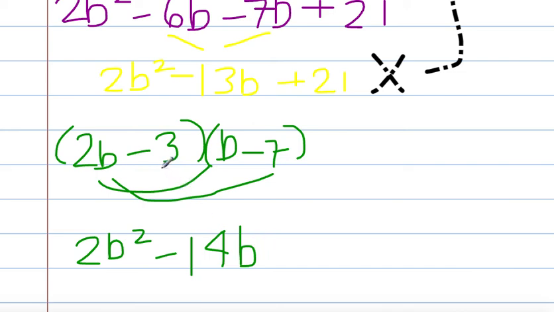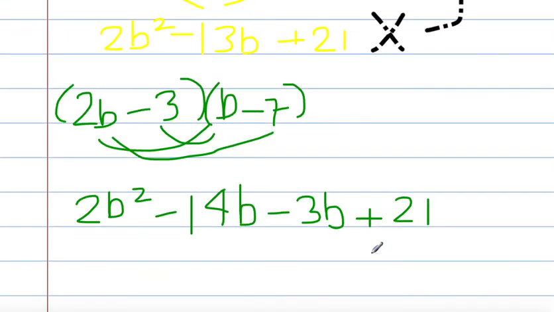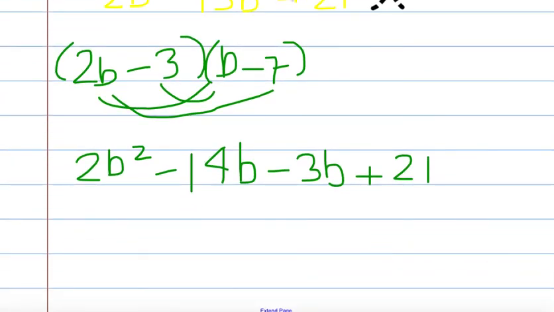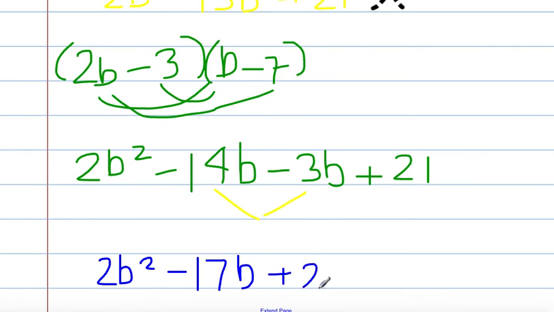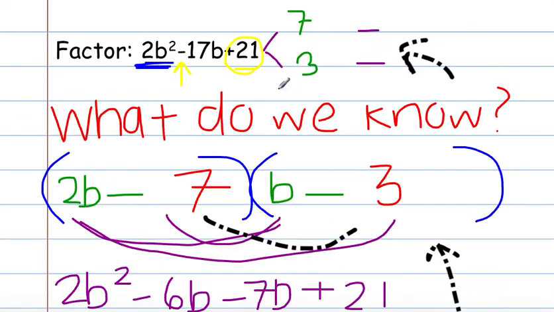And then we'll have a negative 3 times b, which will give us our negative 3b, and then we're getting our positive 21. So now when you look at this, you should hopefully see that when we combine our like terms, our final answer is going to be 2b squared minus 17b plus our positive 21. So this checks out, and we should see that.